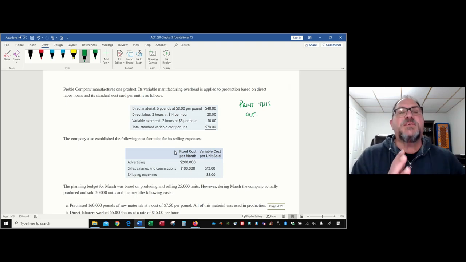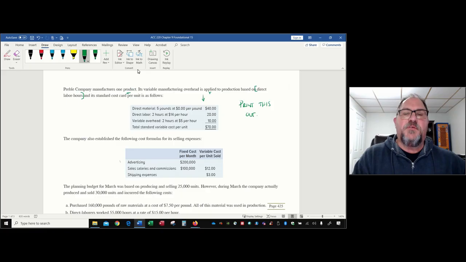So the bottom line is this company manufactures one product, and it says they have some variable manufacturing overhead, and it's applied to production based on direct labor hours. Okay, and they give you the standard costs here. This is what they plan on things costing. The company also established the following formula for selling expenses.